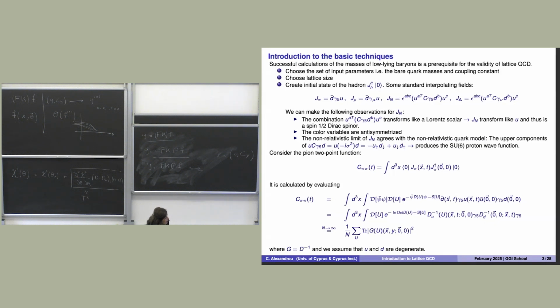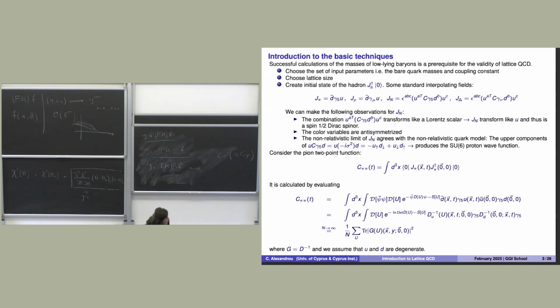I do the functional integral. I denote this as psi, but these are really the Grassmann variables that we saw yesterday. They are numbers now, not operators. I integrate out the fermions like we saw yesterday.